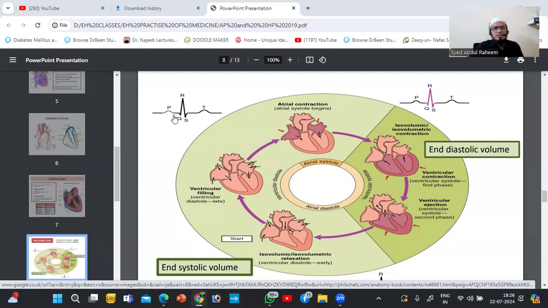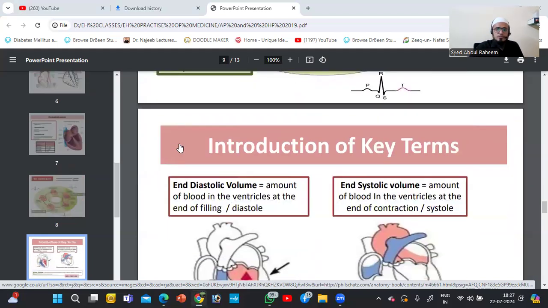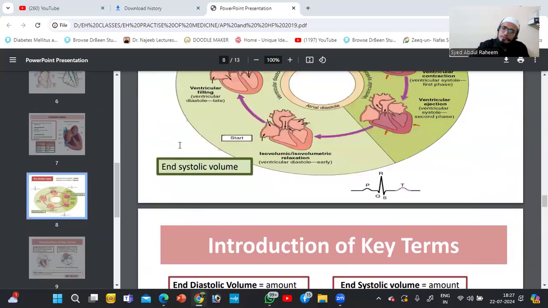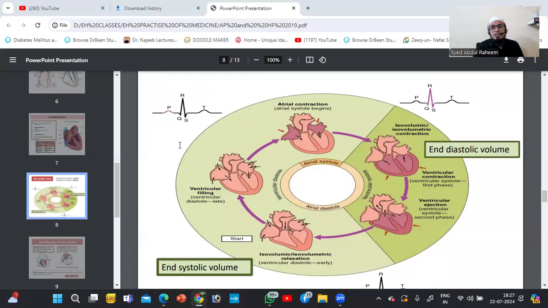Basically, this is the wave which defines one cardiac cycle: P wave, Q wave, R wave, S wave, and T wave. If this is okay, everything is normal, meaning your heartbeat is normal. Systolic means contraction, diastolic means relaxation.